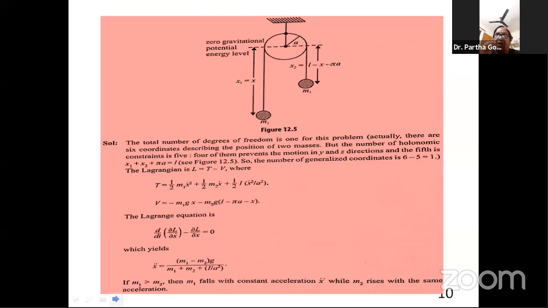You are assuming the pulley has moment of inertia I, so that will have a lot of bearing. And the string is massless and inextensible. I want to show that the acceleration of the system is given by (M1 minus M2) g divided by (M1 plus M2 plus I by a square).